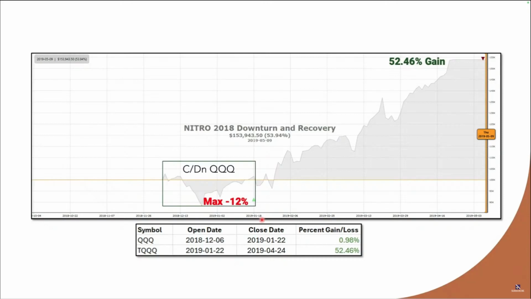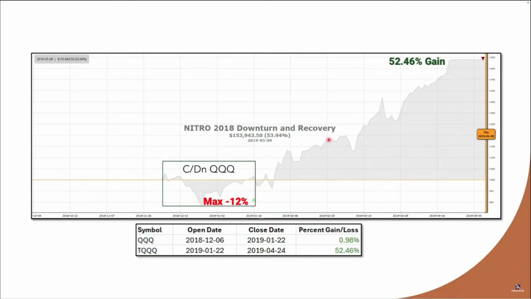Now, just to show you what can happen with the confirmed down signal and buying QQQ, and why I didn't set a stop: I thought I was close to a bottom, but obviously not. The system was down 12%. But, being an optimist and believing that the market had reversed, it did indeed reverse. And I actually eked out a small gain here of 0.998%, almost 1%, before the confirmed up signal came on and bought TQQQ.